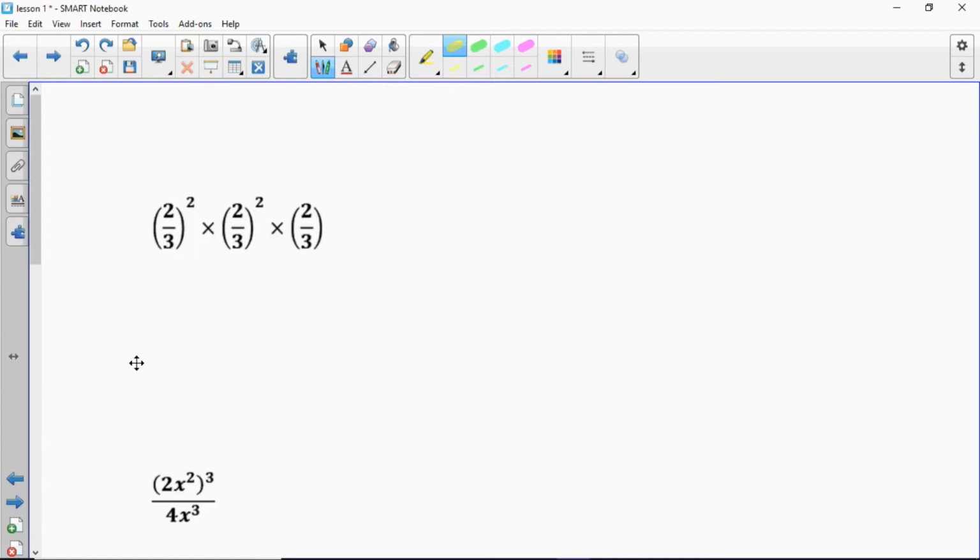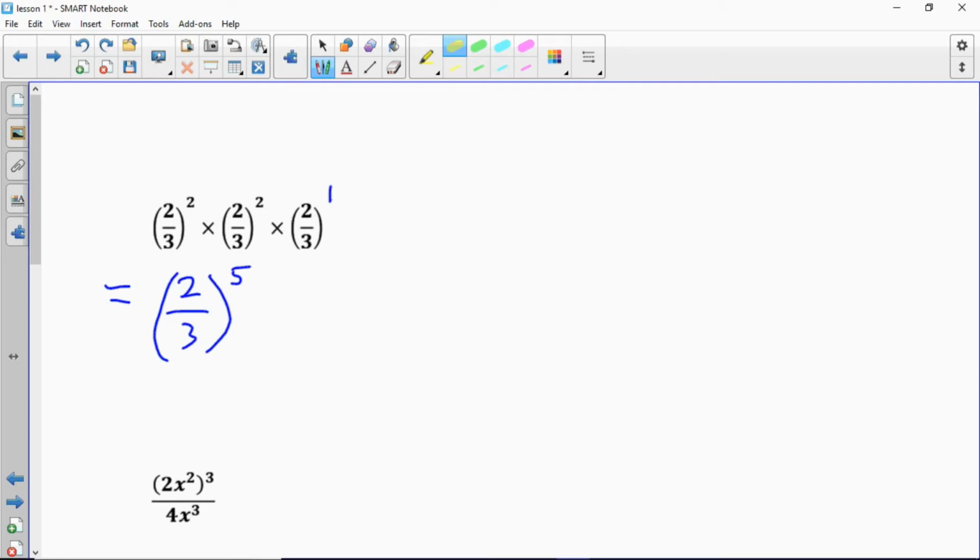Next example. Okay, if I look at this first one here, I might be tempted to say square 2 and square 3, square 2 and square 3. However, it makes a lot more sense to treat these all as if they're powers with the same base, and that base being 2/3. So what we can do in that case is we can just add the exponents together, and we get a power with a base of 2/3. 2 plus 2 is 4, plus 1 more is 5.